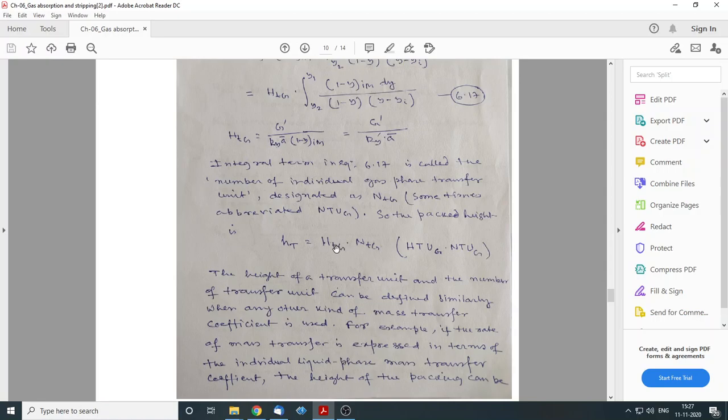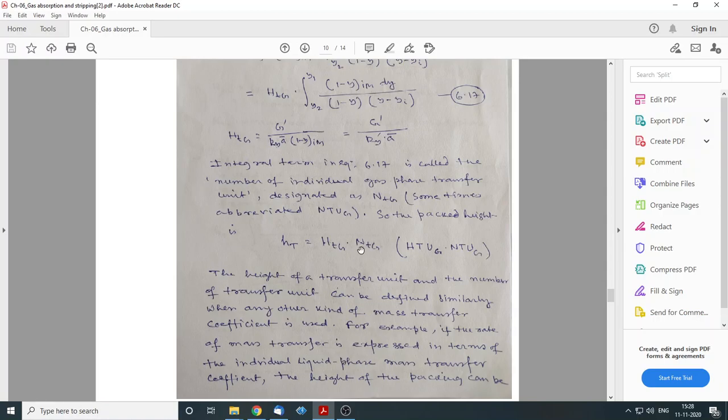Let's take an example. If you have a value of a, let's take 200 square meter per cubic meter, and for that the height of a transfer unit is, let's take, 10 meter. Now if you can increase it from 200 to 800 square meter per cubic meter, then the height of a single transfer unit will be 10 meter by 4, 2.5 meter.